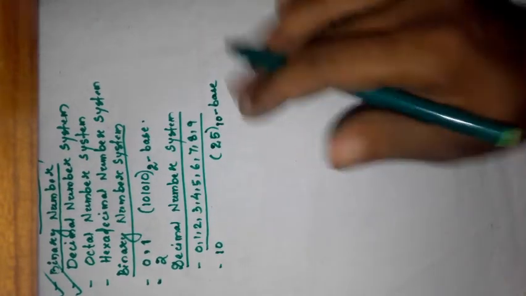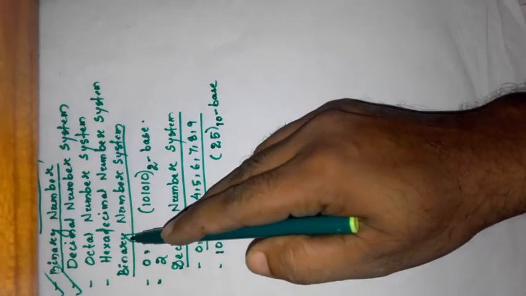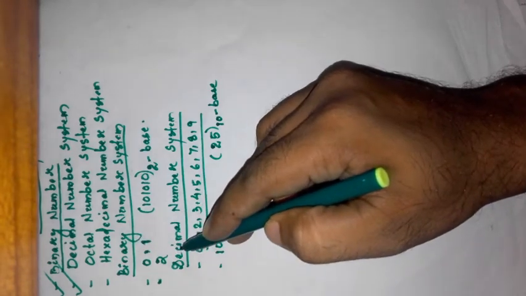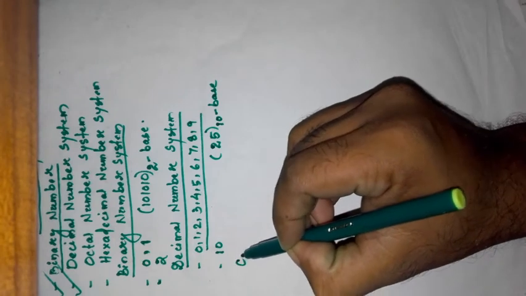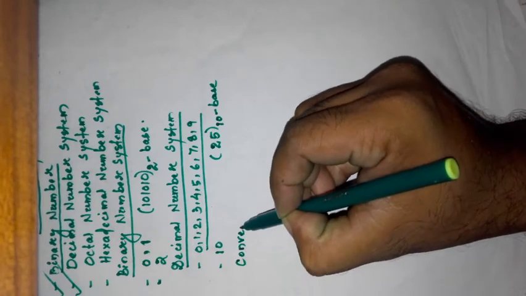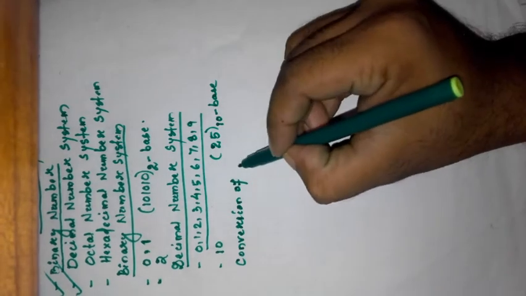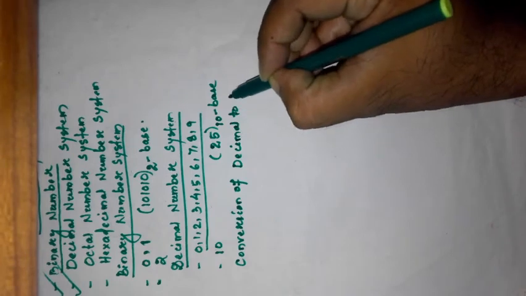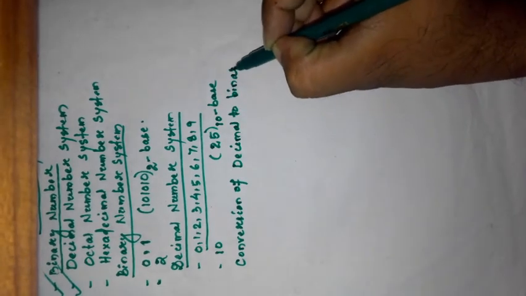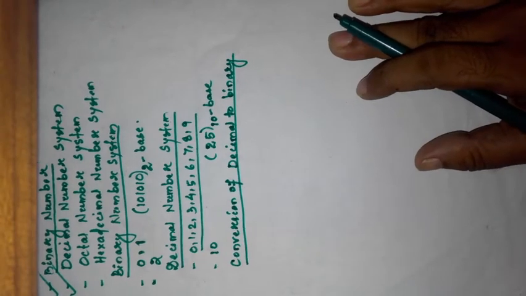Next, let us study how to convert binary to decimal and decimal to binary. So first we have to study conversion of decimal to binary. Let us see how I do it.